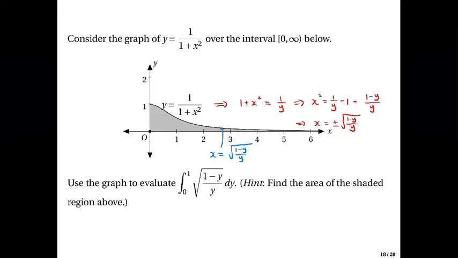We only take the positive side because as you can see, your x is just on the positive side of the x-axis. So we just take the positive side. Now, what is this integral here?